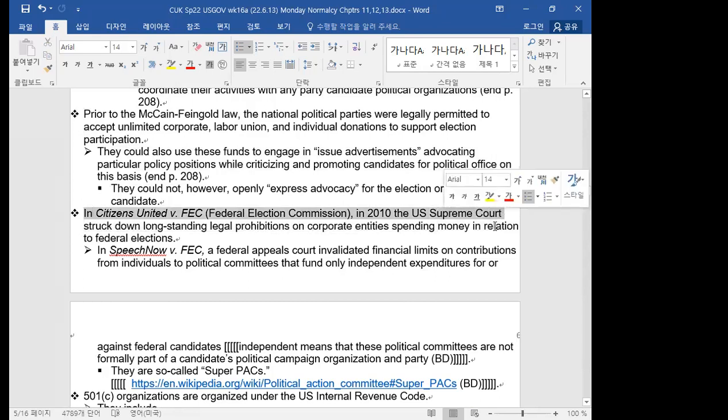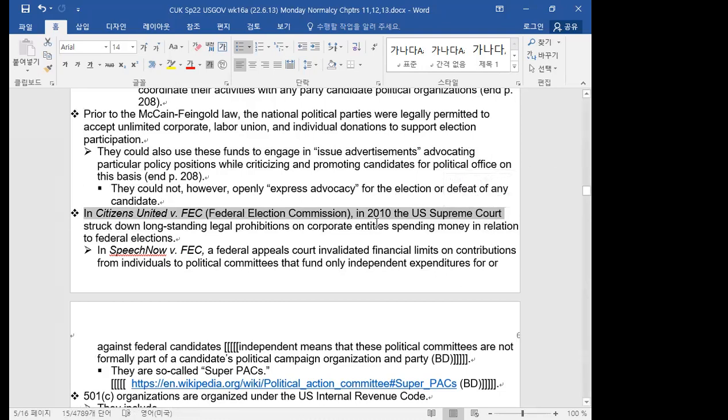And what's one of the justifications for this court decision? Because they would say they find a way to spend the money anyway. They do it through indirect means, giving money through very circuitous routes, through different individuals and organizations. Let's just make it transparent. Let's just make it open.